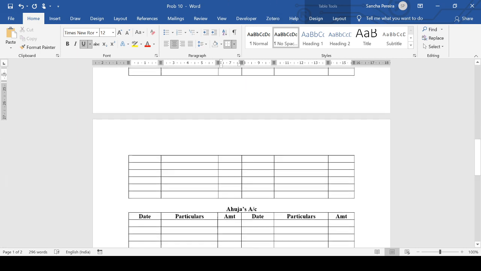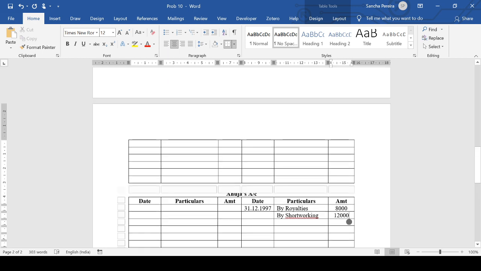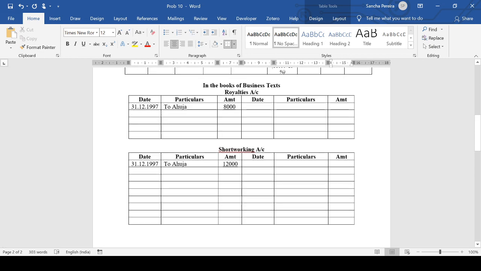And in Ahuja's account, we say 31st December 1997, by royalties and by short working. The royalty is 8,000 and the short working is 12,000. The first entry is done.